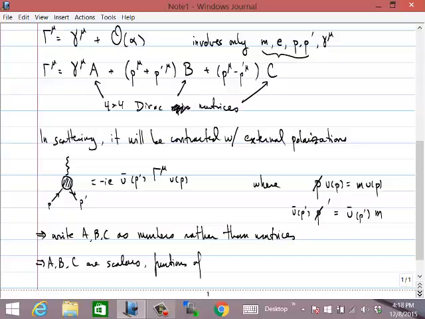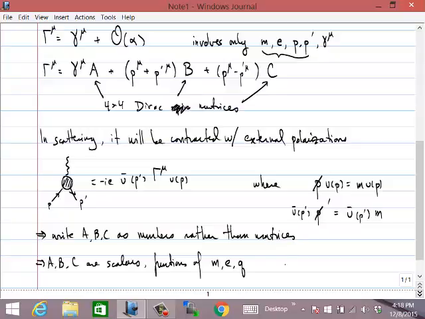They will only depend on M, E, and Q, right? Let me put it a different way. They're scalars, and the only scalars that you can build out of M, E, P, and P prime can be built out of M, E, and Q.